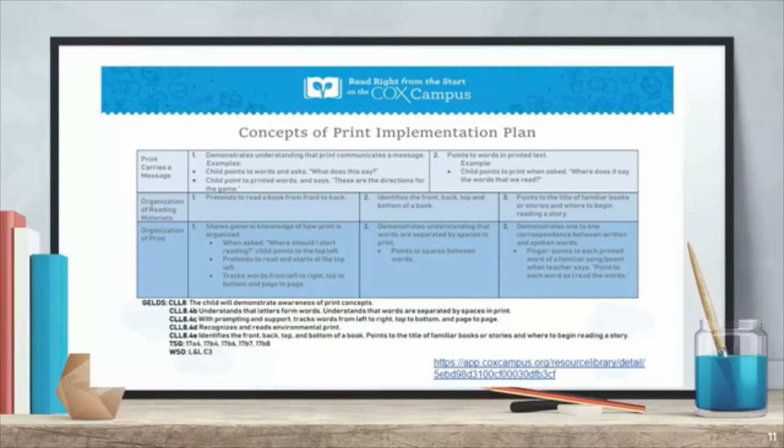We start with print carries a message, and then we have specific goals that you can go to next. Then you go from that to organization of reading materials, and then organization of print. So there are so many different ways you can really tackle this concept in your classroom, and do it, like you said, guys, in an intentional way. So you can go to Cox Campus to find that resource as well.